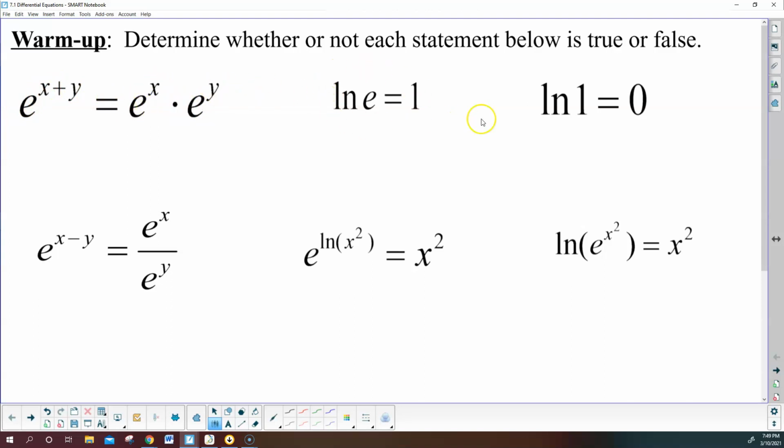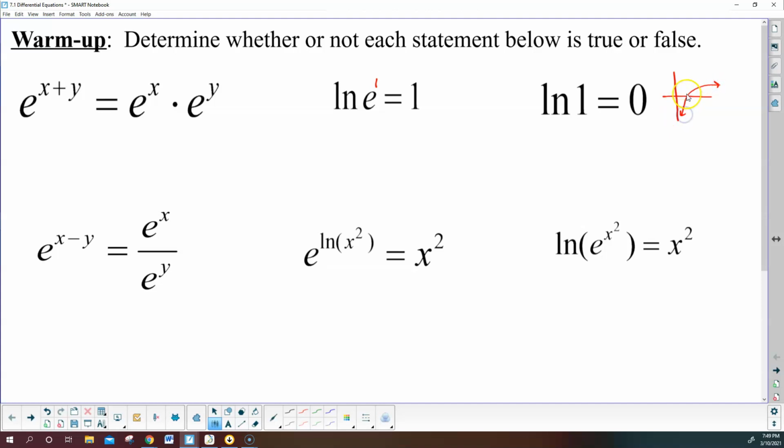I consider these two here just facts about the natural log. The natural log of e, remember technically there's a 1, and ln and e are inverses of each other, so they kind of reduce each other out, and you're left with 1. And this is a pretty important one to always remember. The natural log of 1 is always 0. If you're not really positive on why that is, think of the graph.